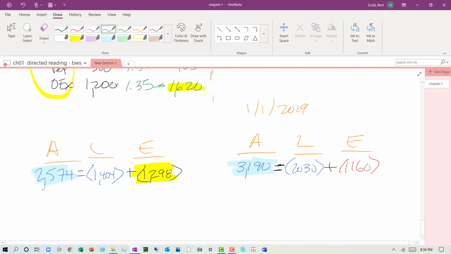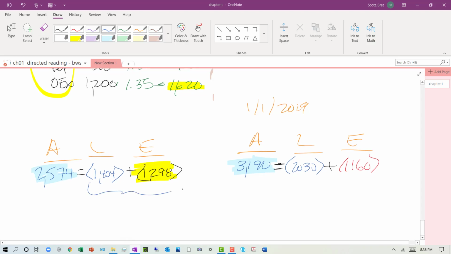Now, given that's the case, do assets equal liabilities plus equity? They don't. When you sum up these guys here, these sum up to 2,702. That doesn't equal 2,574. But here's the trick. I need to make this equity side balance. I'm not going to adjust assets or liabilities. Those are based on current rates.